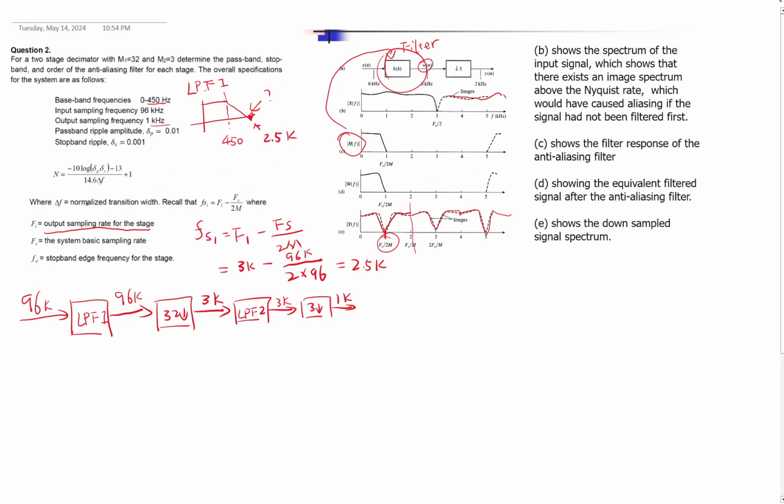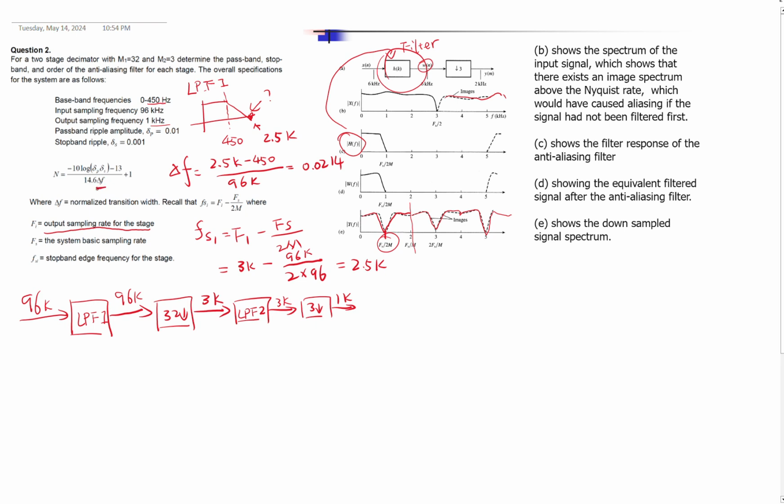Then we can do the normalized transition width. To normalize it, delta F equals 2.5K minus 450, divided by the sampling frequency, which is 96K. If you do the math, you get 0.0214.